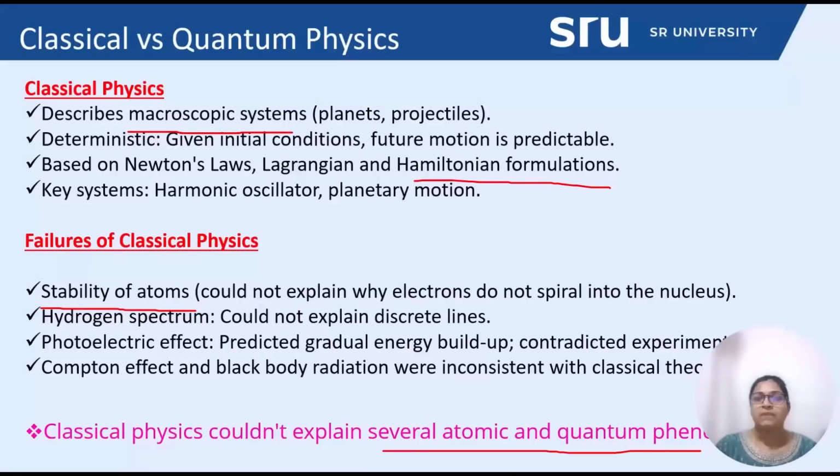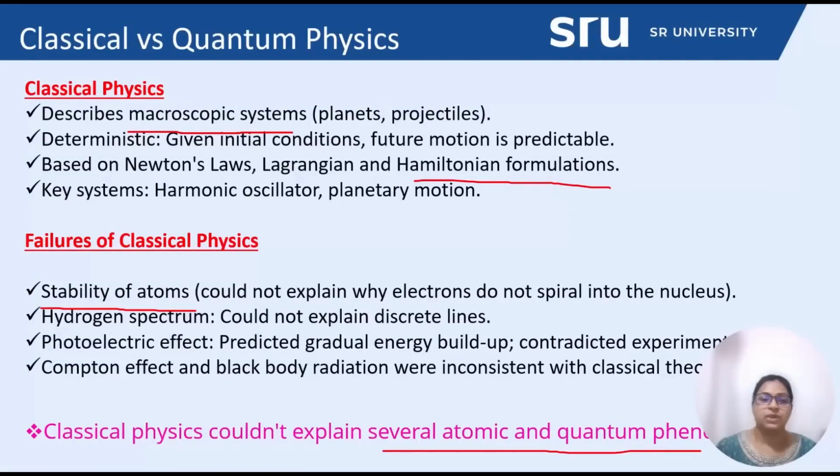It is a revolutionary framework that incorporates probabilistic interpretations and quantized energy levels. In this lecture series, we'll explore how quantum theory emerged to resolve these contradictions and how it reshapes our understanding of physical reality.